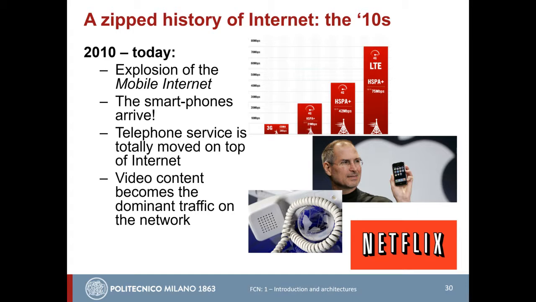And the other important fact is the video content. The video content is becoming dominant in terms of traffic generation, because as you may know, when you want to transform an analog content, something that we can interface with our senses, like sound or video and so on, the quantity of digital information that we produce depends on the type of content.